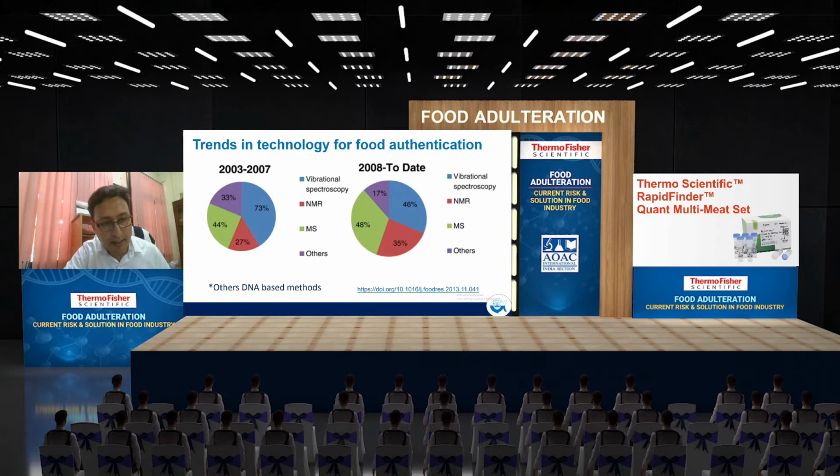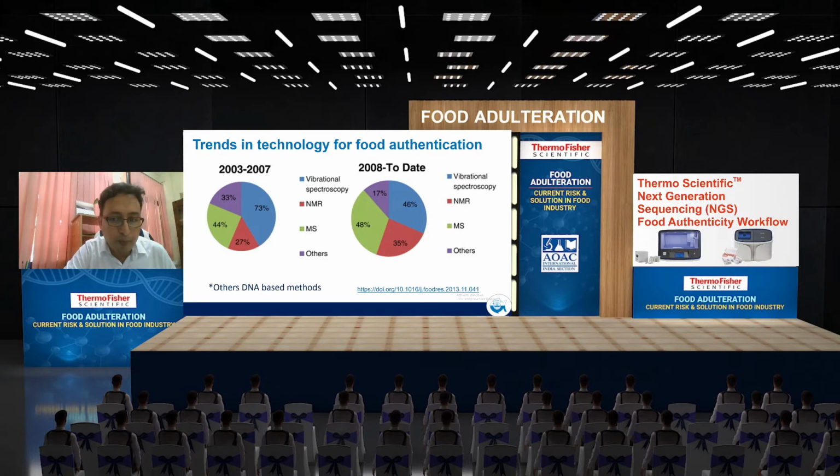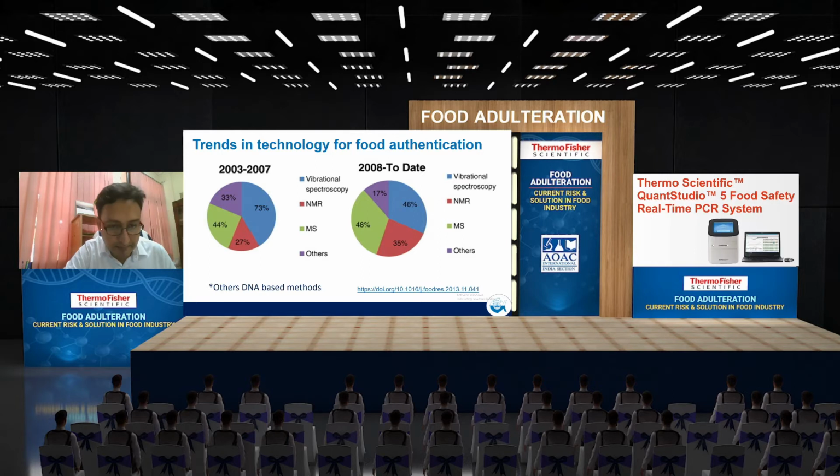So there is vibrational spectroscopy, there is NMR, there is mass spectrometry, and there are others. By others, I mean different DNA-based techniques, and also isotope ratio and ICP-MS-based techniques. Here I'm going to touch on the different chemical techniques and not the molecular techniques, because there will be an expert speaker after me. Indranil will be speaking after me, so I don't dare to touch those molecular methods.